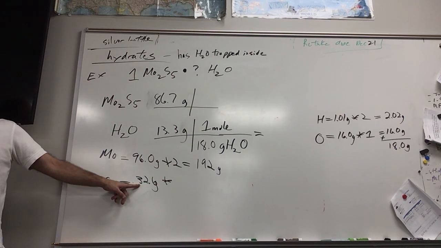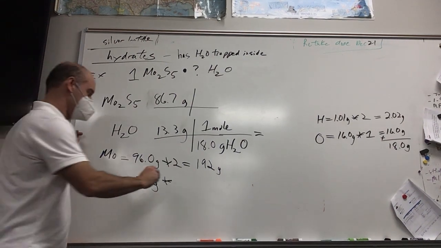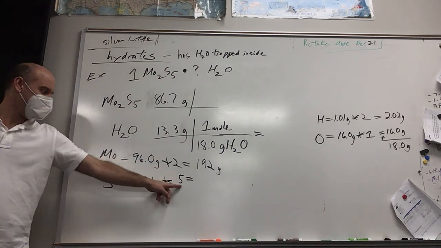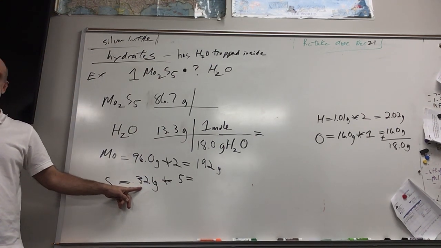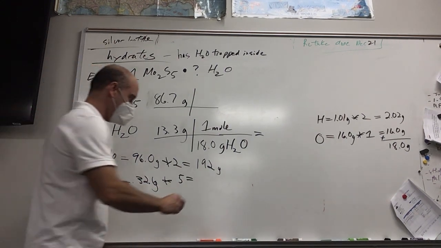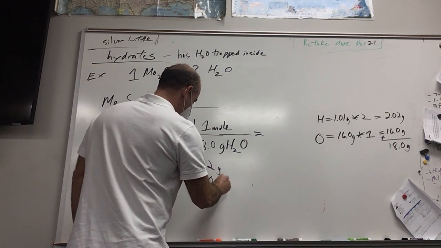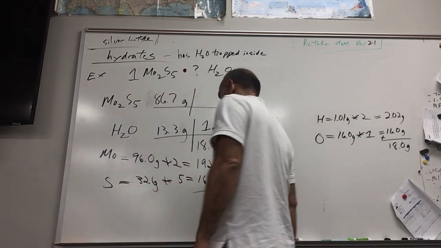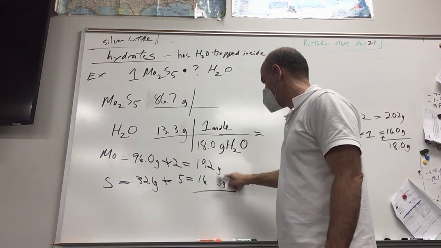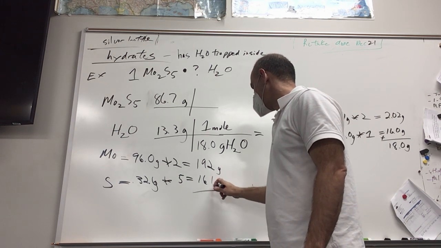Sulfur, 32.1. How many sulfurs? 5. 5 times 3 is 15. Plus 10, 160. 160.5. But I have to go with 3 sig figs, so that would round to 161.